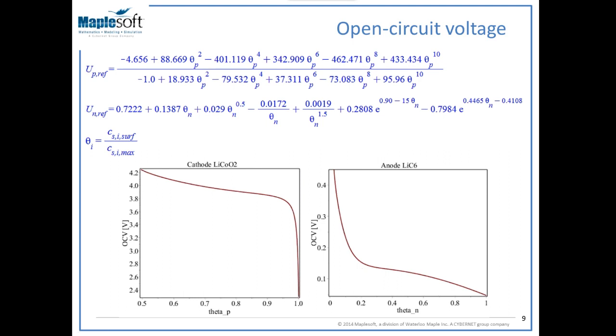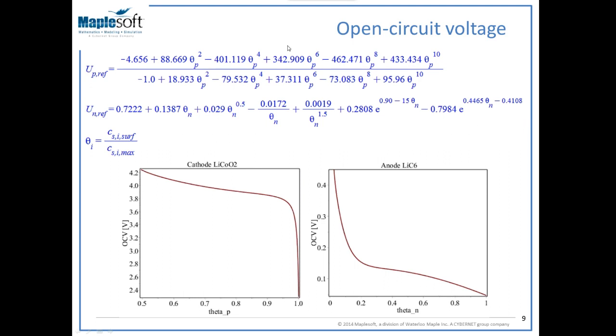The electrochemical battery model also incorporates the open circuit voltage equations, which are curve-fitted based on experiment data. For example, the top equation is the open circuit voltage for lithium cobalt oxide material, and the second equation is the open circuit potential for the graphite anode.